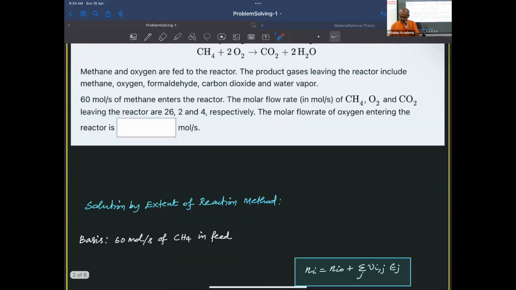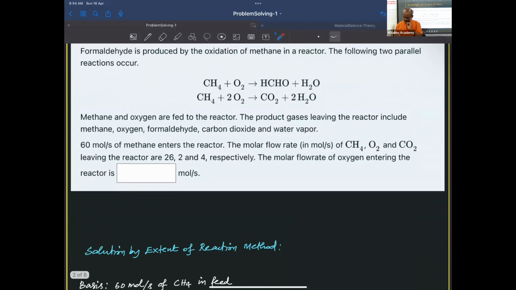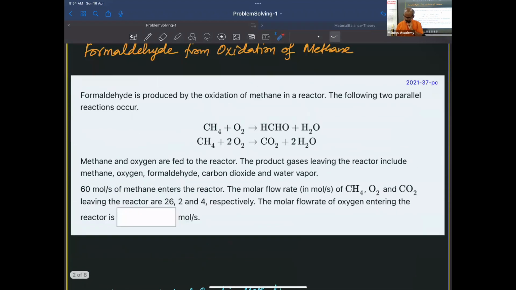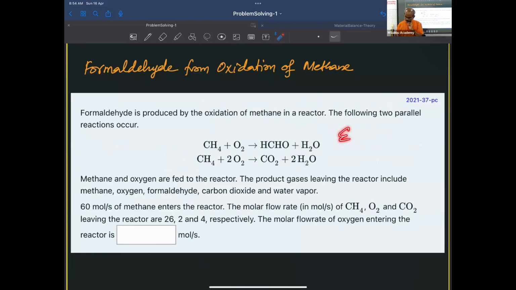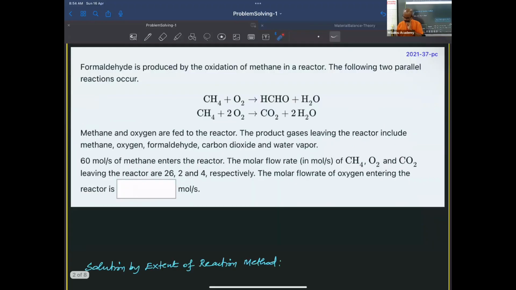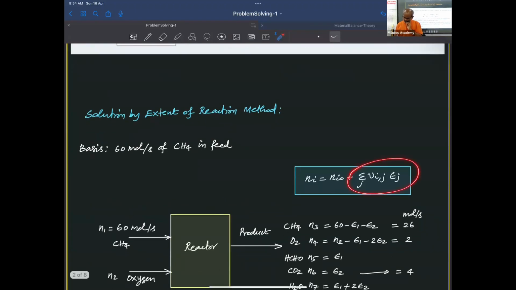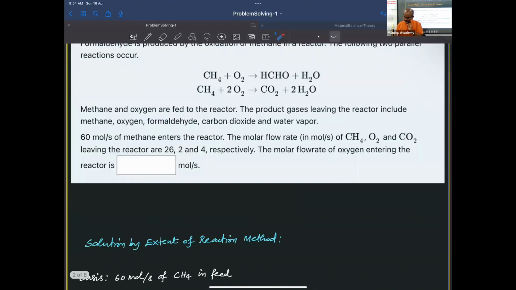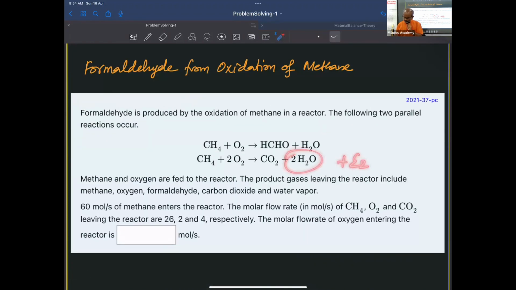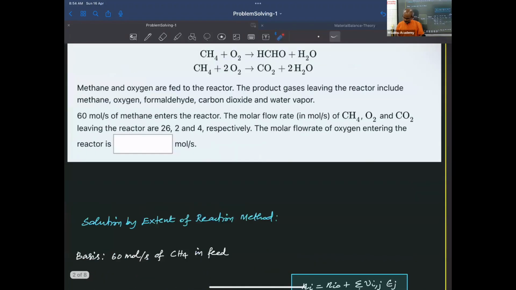H2O is there in the first reaction as well as in the second reaction. Of course, there is no initial amount, Ni naught for water is 0. There is nothing in the feed. So always Ni naught plus sigma nu ij Ej. So here it is E1, and this is plus 2E2. So that's why we have E1 plus E2.